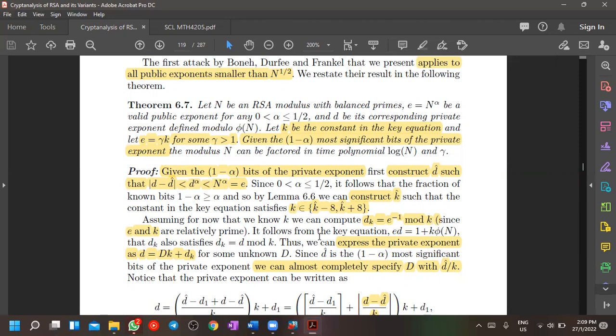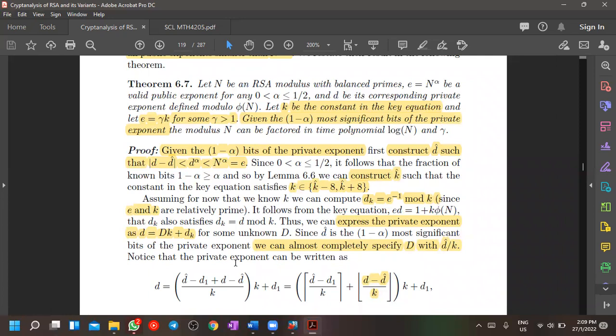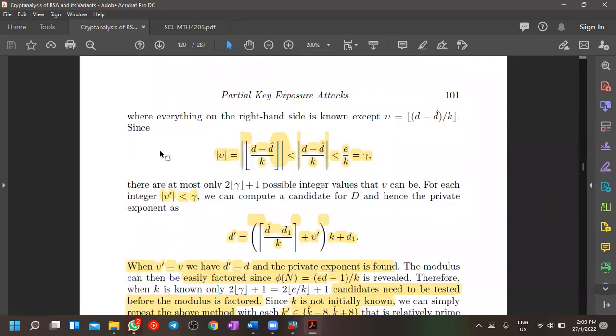It follows from the key equation that dk also satisfies dk equals d mod k. Thus, we can express the private exponent as this for some unknown D. We can almost completely specify D with d hat over k, and the private exponent can be written as this, where everything on the right hand side is known except for v.